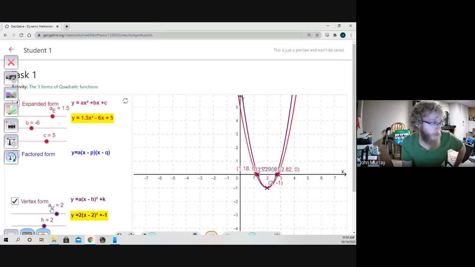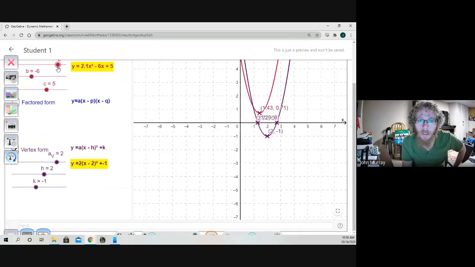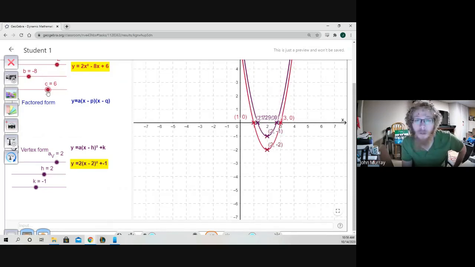So, right, our first form, we had the 2x minus, okay, good. And up here, this was close, but I'm going to change it. So I'm going to have the 2x, and then we said minus 8x, and then our c was 7. And look at that, they match up.